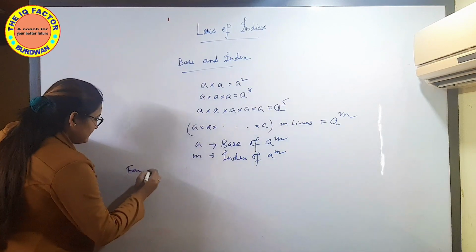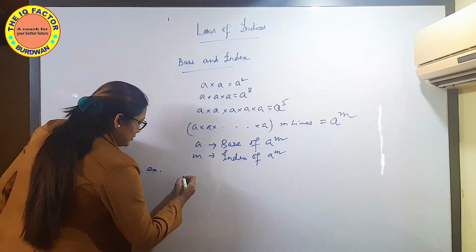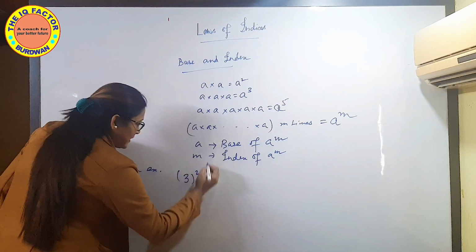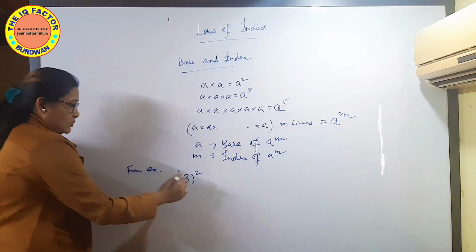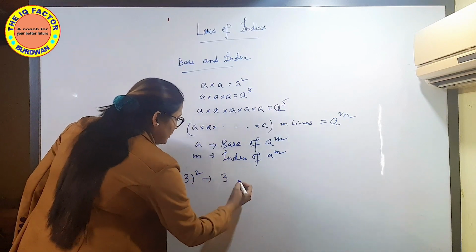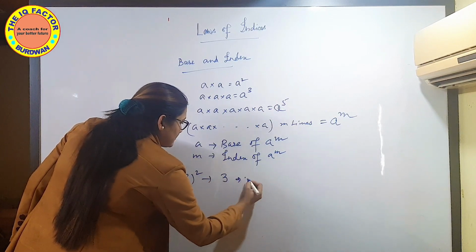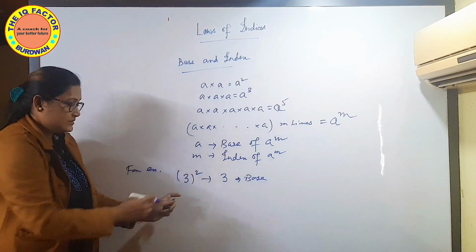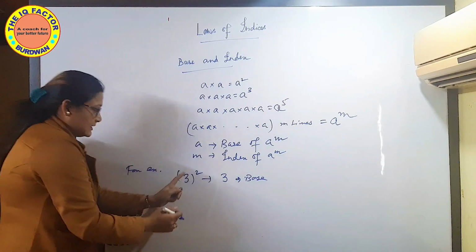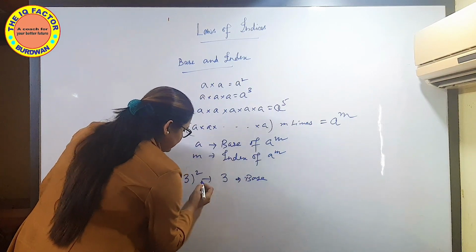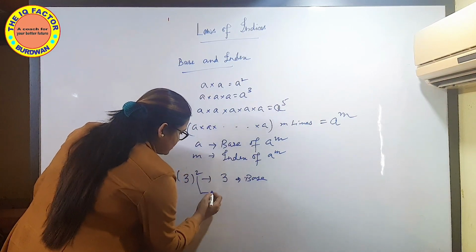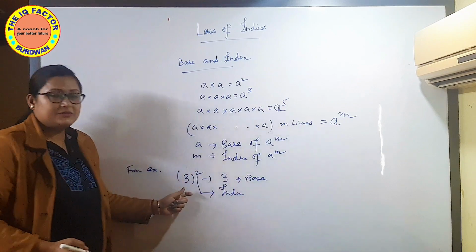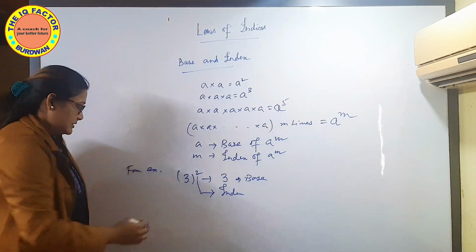For example, suppose 3 square. What is 3? 3 is called the base, and the power in 3 to the power 2, that 2, is called the index of 3 to the power 2.